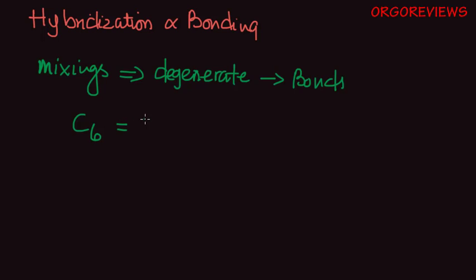So its electronic configuration will be 1s2, 2s2, and when it comes to the p, we have the x, y, and the z, right? So there are 2 more electrons that go into the x and the y according to the Pauli's exclusion principle and Hund's rule. Now the last orbital has 0 electrons in it.